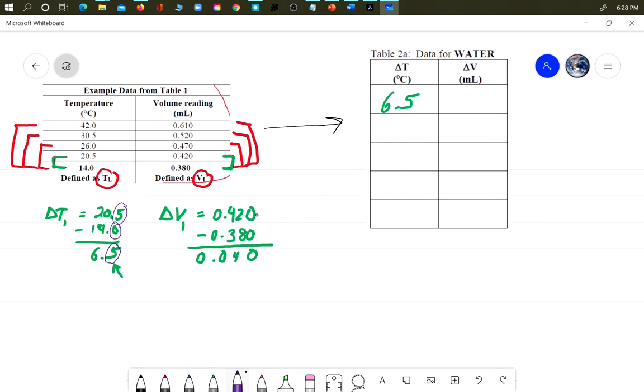Again, when we subtract, it's where is the last significant digit? Where is the uncertainty? That pipette read out to the tenths, hundredths, thousandths place. And so the uncertainty is in the third decimal place, and it is for both of them. So when you subtract, we're going to keep that third decimal place.